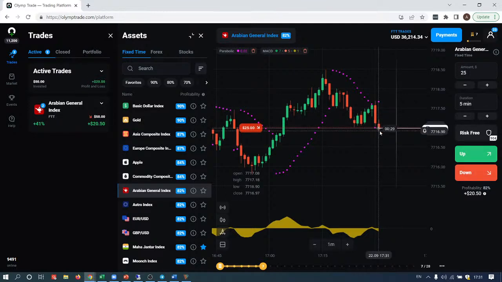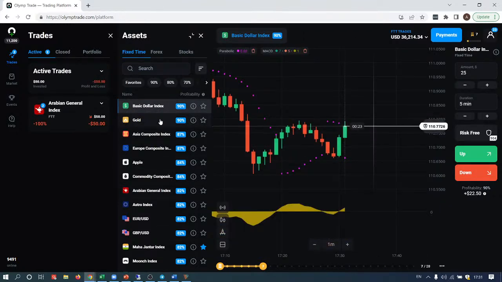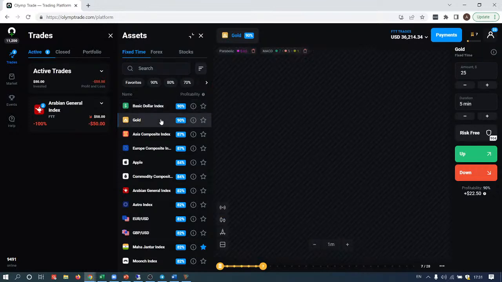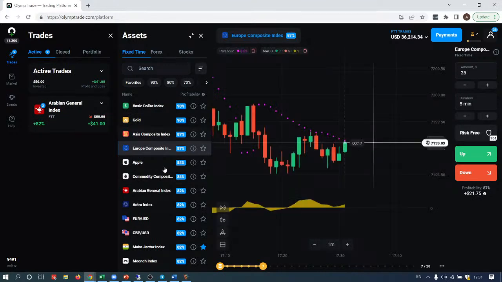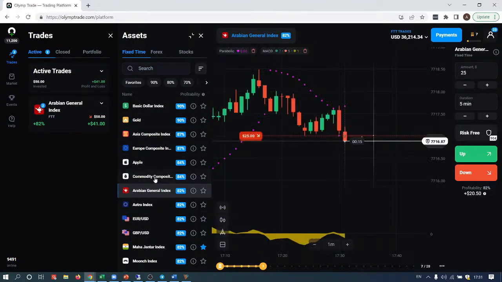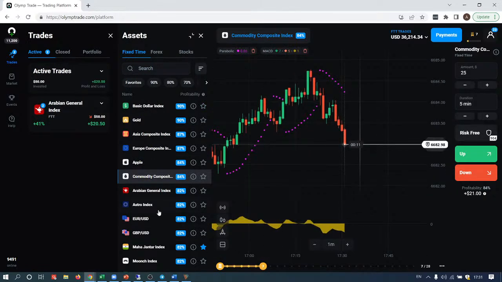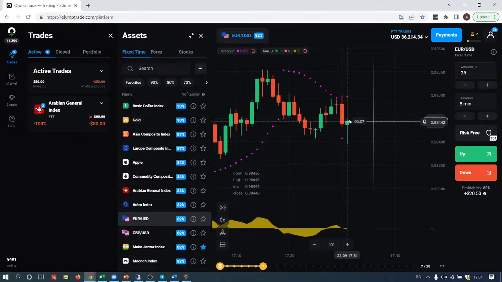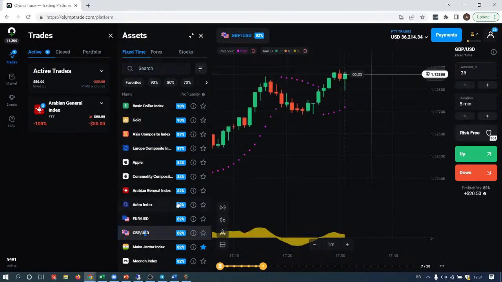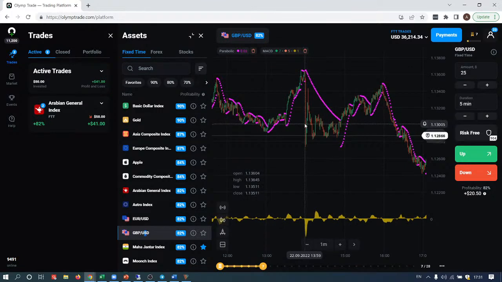So 3 minute and 5 minute trades in the downwards direction. And I'll keep searching for new signals here. Now, what's going on?